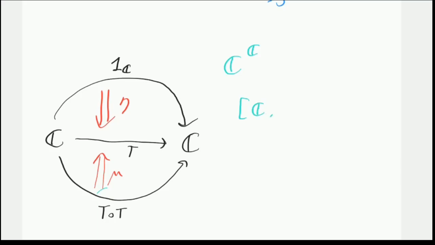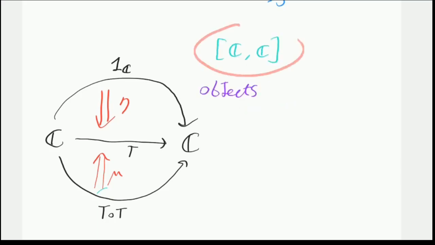So I'm going to write it as [C, C]. So what is this functor category here? Well, it has objects corresponding to functors, like T1, that go from C to C.